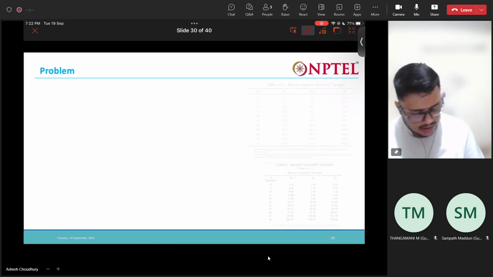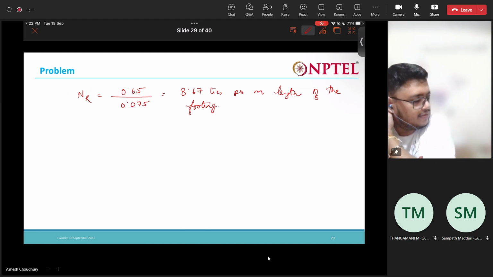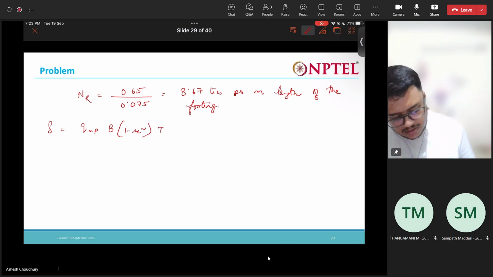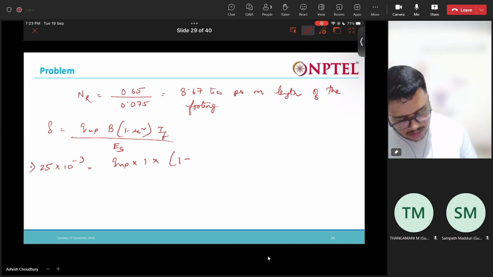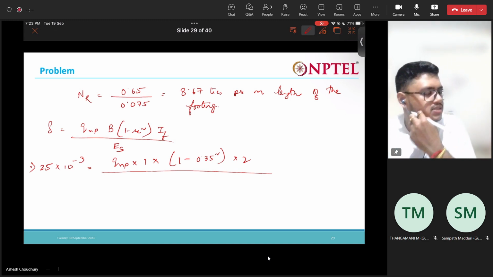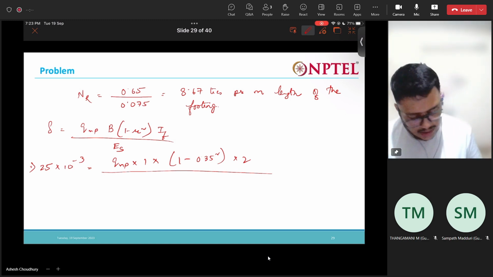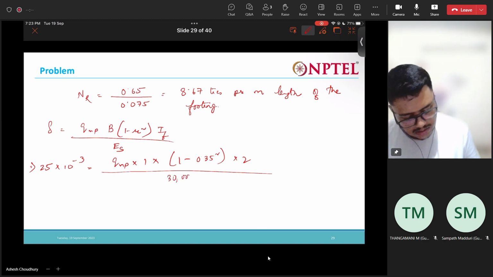Okay, and for the settlement criteria, I will just do it here. This is immediate settlement, remember. Settlement equals q B (1 minus mu squared) divided by Es times the influence factor. Allowable settlement is 25 mm. q net I need to get is: 1 minus mu, 0.35, squared, into 2. Influence factor for strip footing flexible, you can take 2, and Es is 30,000.